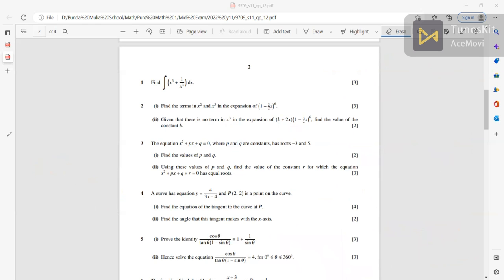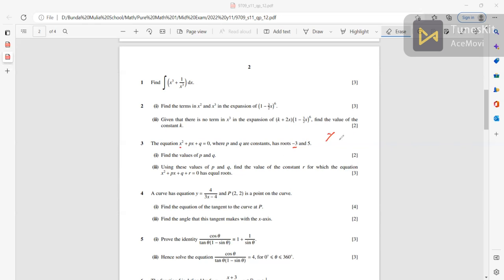Now we go to number 3. The equation x squared plus px plus q equals 0 has the roots minus 3 and 5. Find the values of p and q. For this, it says it has roots minus 3 and 5, so we can substitute minus 3 for x.